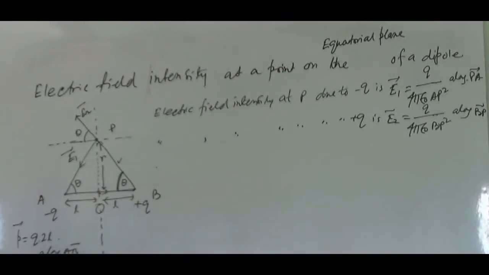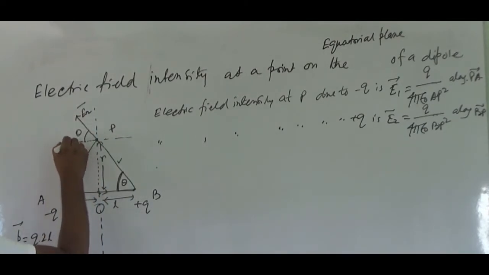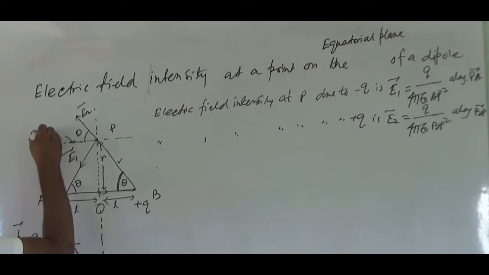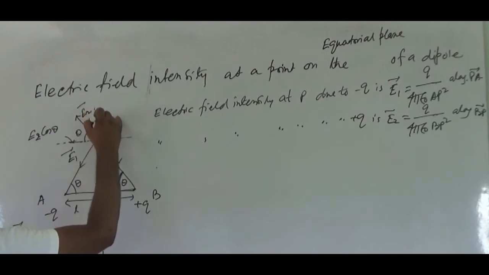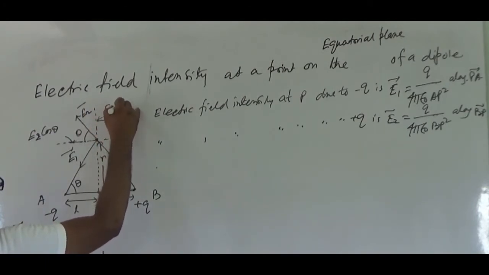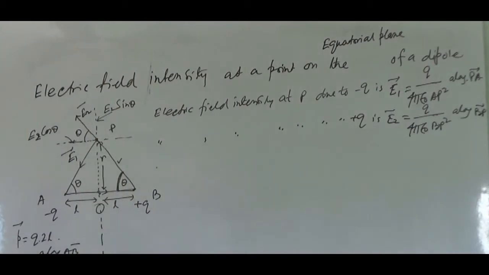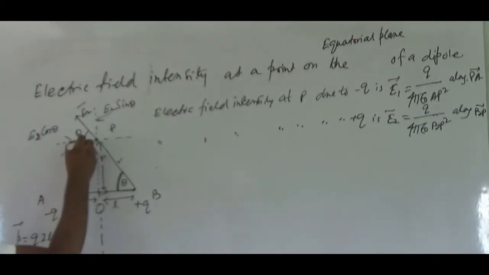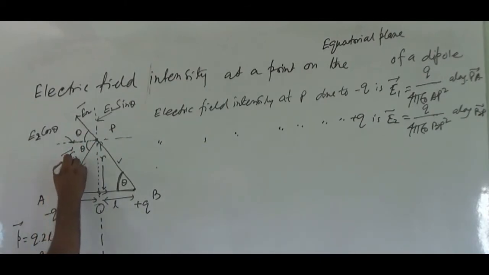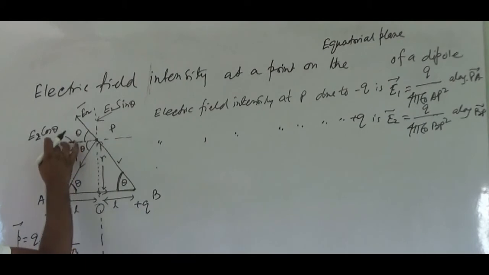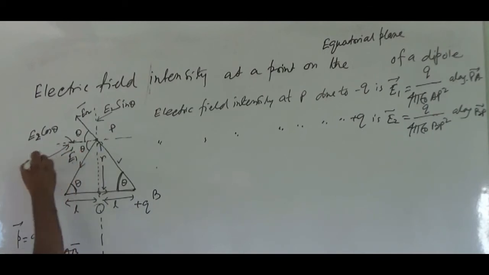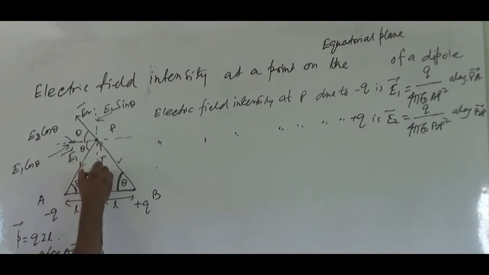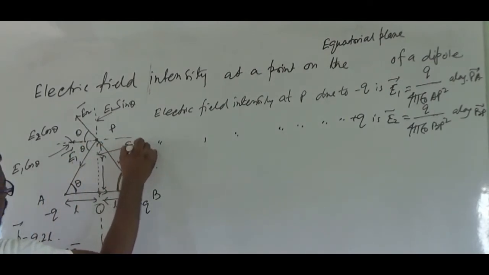Therefore, the component of E2 along this direction is E2 cos theta, and along this direction is E2 sin theta. Similarly, you can divide E1 into two parts, one along this direction, other along this direction. The component of E1 along this direction is E1 cos theta, and along the other is E1 sin theta.